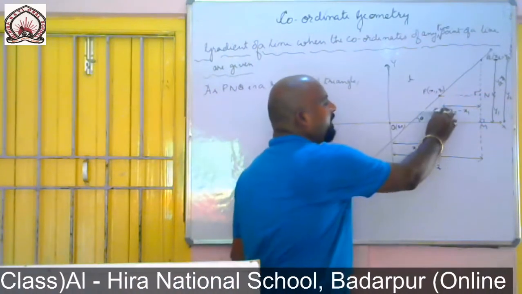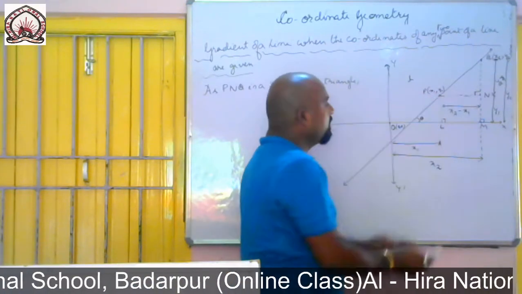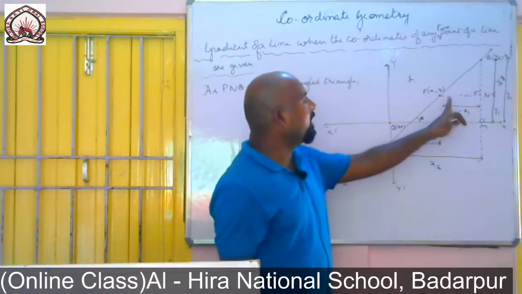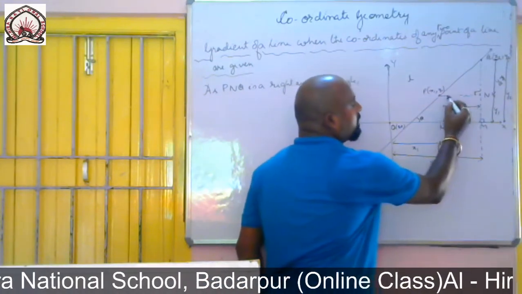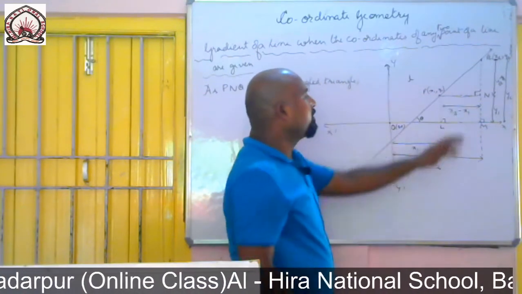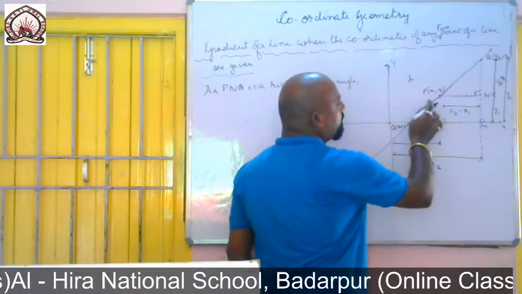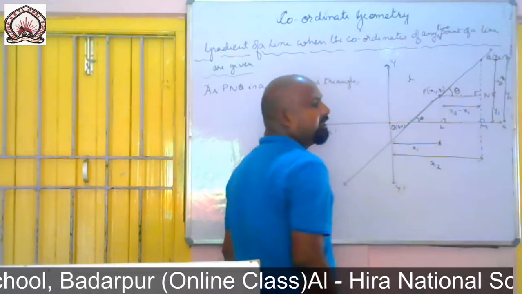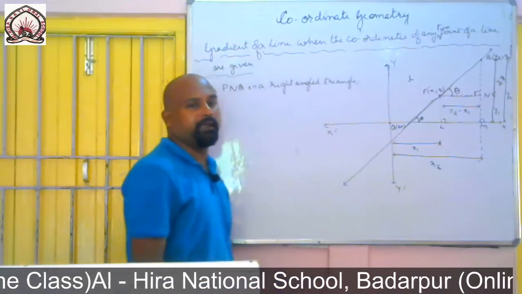Now this line and this line are parallel to each other, and the line L acts as a transversal. The line PN and this line are parallel to each other, and this is the transversal. Now if this angle is theta, then this angle also becomes theta, because they are corresponding angles. Okay.